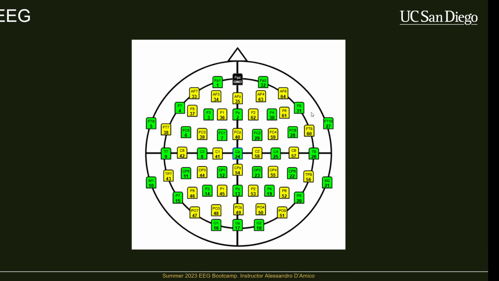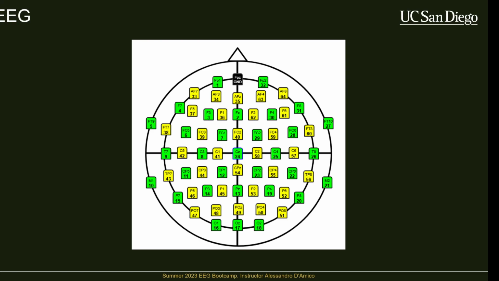The reason for that is that the brain is a massively conductive volume. You have not only lots of cortex and lots of activity happening, but also all this cerebrospinal fluid around the brain and inside of the brain that acts as a massive conductor.